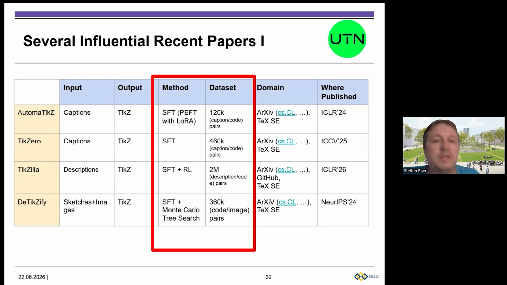Basically, we had our data set and then we trained small models on this data set to hopefully match the performance of much larger proprietary models. In recent work, we also used reinforcement learning and Monte Carlo tree search. Monte Carlo tree search helps us to efficiently search the space of potential output TikZ codes.